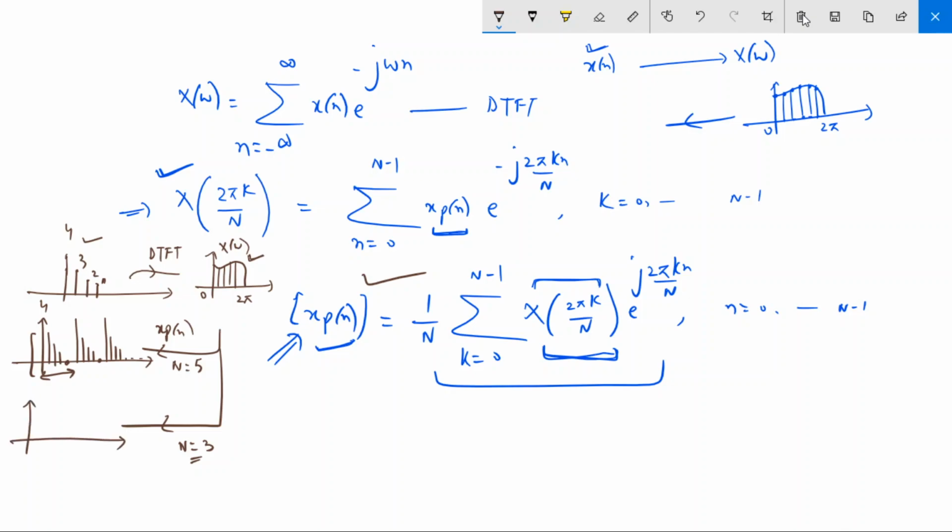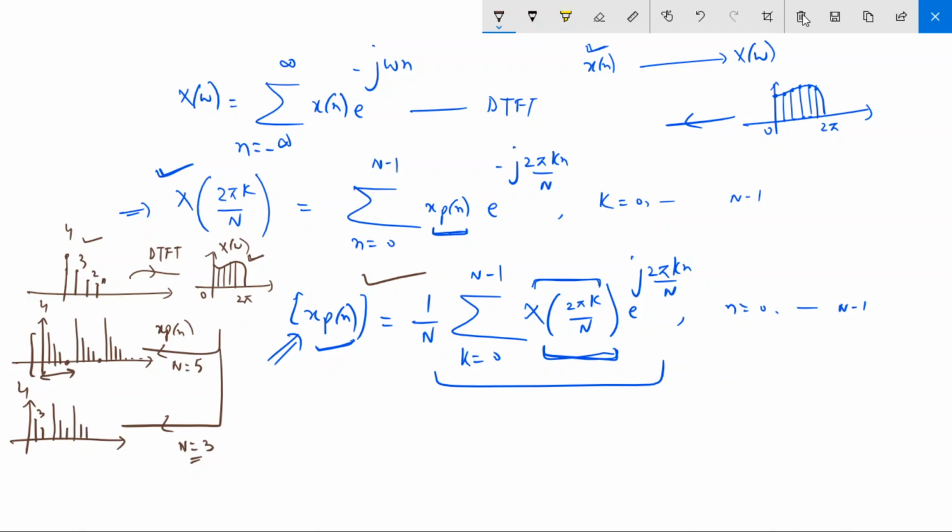In xp[n] I will get the same sequence repeated with 3 samples. It means I will get 4, then 3, then 2, and this will be repeated every 3 samples. So when you repeat it, it becomes 4, 3, 2, 4, 3, 2.